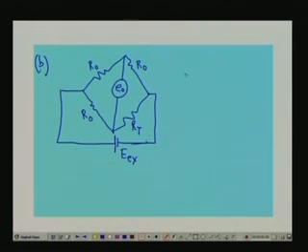Now, in this scheme all the resistances are made equal to the thermistor resistance R0 at temperature T0, right. So, I assume that all the resistances are equal, equal to the thermistor resistance at temperature T0.